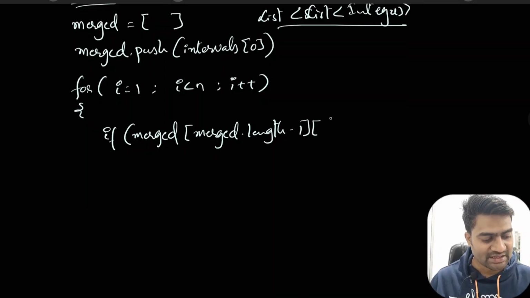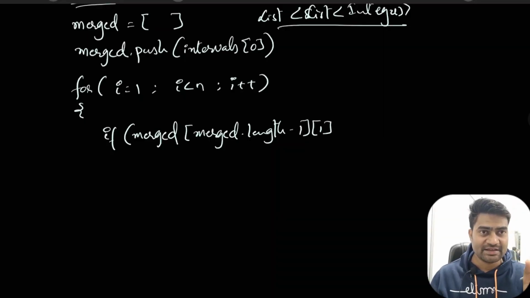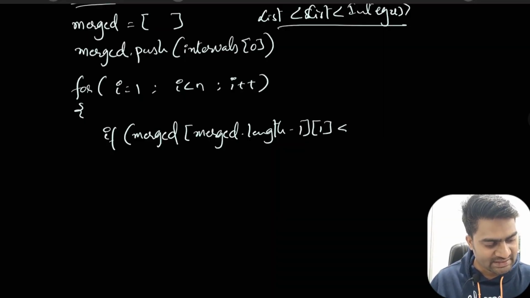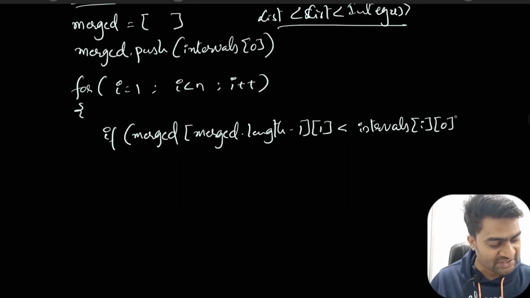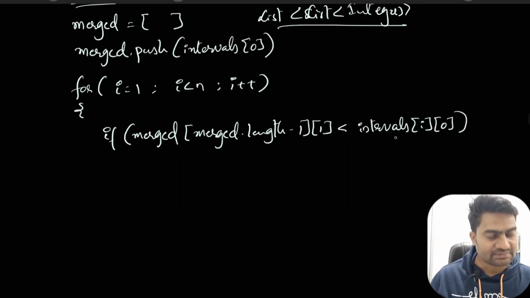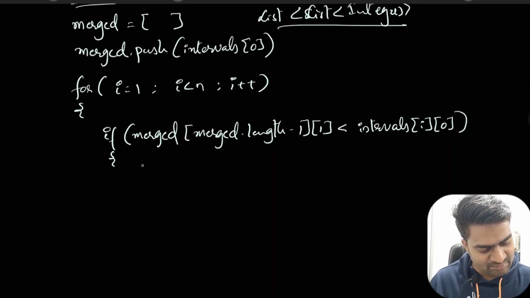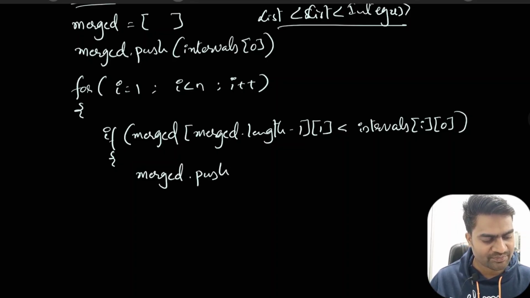Then I will take its end value, and if it is less than intervals of i of 0, basically the start value of the interval currently being processed, then this does not overlap. So I will simply say merged dot push of intervals of i.